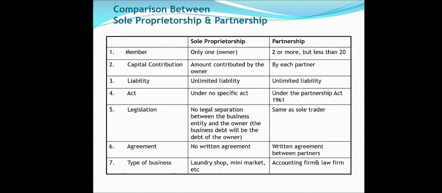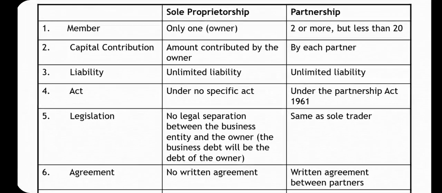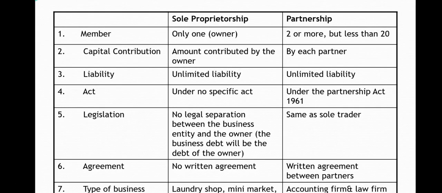This table shows the comparison between sole proprietorship and partnership. First, in terms of members, a sole proprietorship is owned by one person. A partnership, according to Malaysian law, can be a business owned by 2 to 20 people.